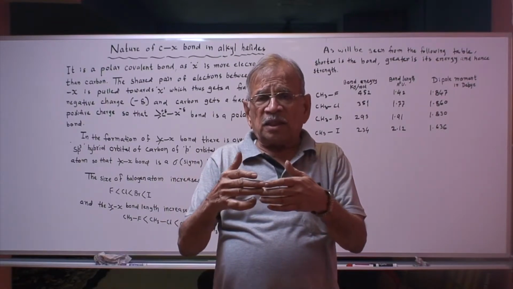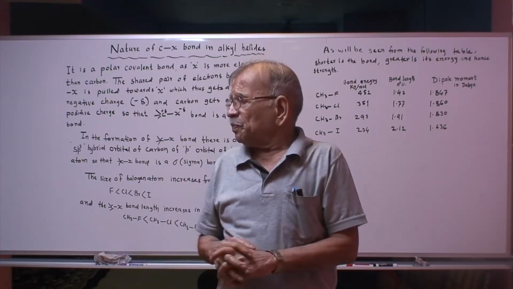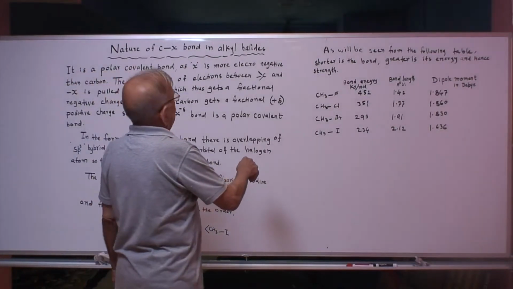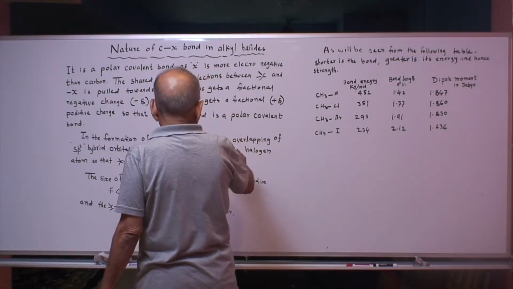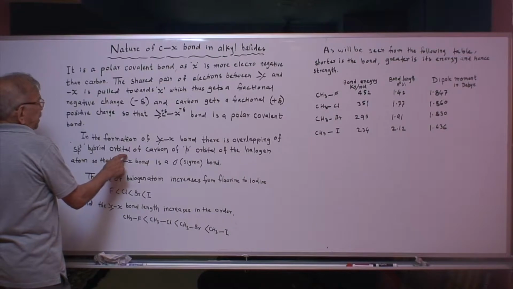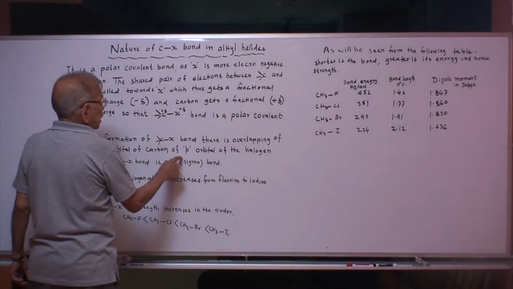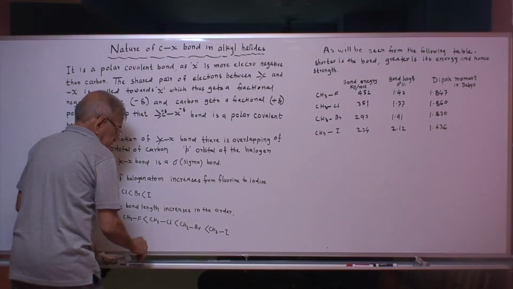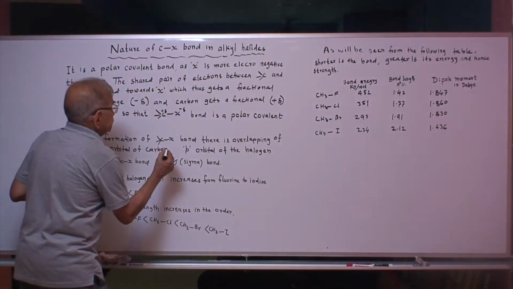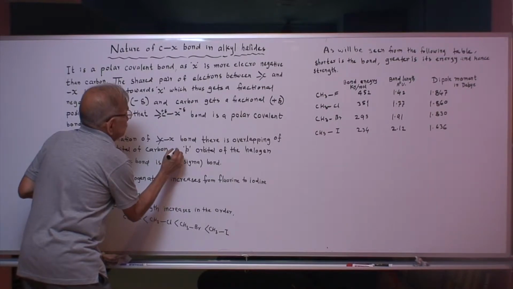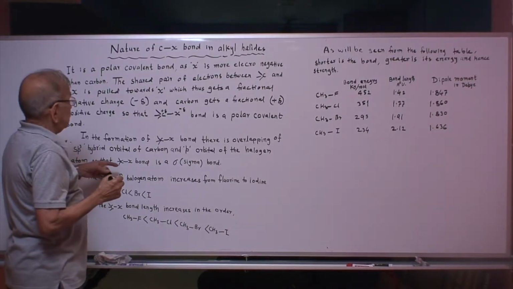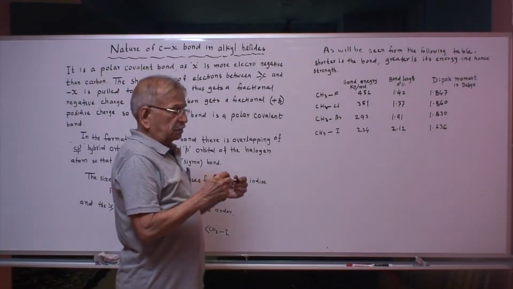By coaxial overlapping along the axis of the sp3 hybrid orbital of carbon and the p orbital of the halogen atom, so that the CX bond is a sigma bond.